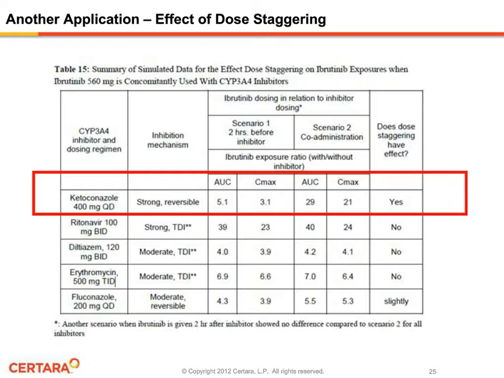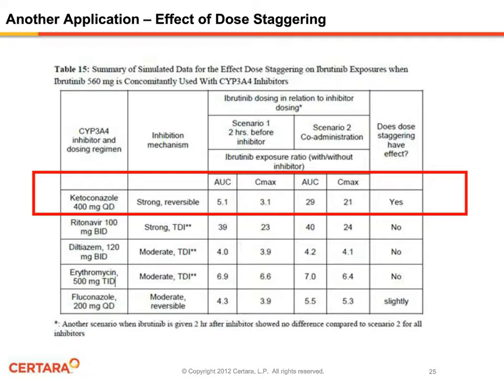So, of course, this is the clinical situation here, but you can see that just by having that dose stagger between the ibrutinib and the ketoconazole, you can end up with a very different result. And even though, obviously, this hasn't gone into the label, it is still very important information to know, because if individuals take the drugs with a lag in between them, then you could end up with a very different result.